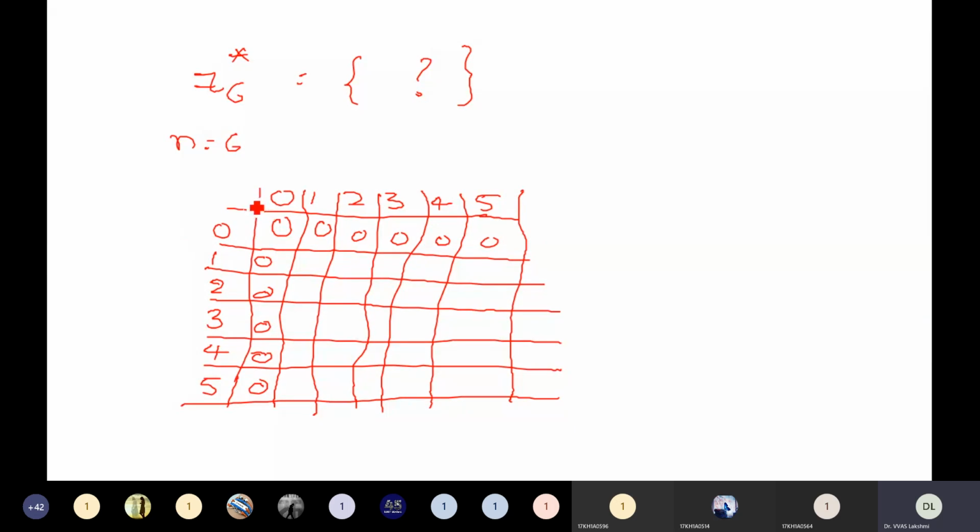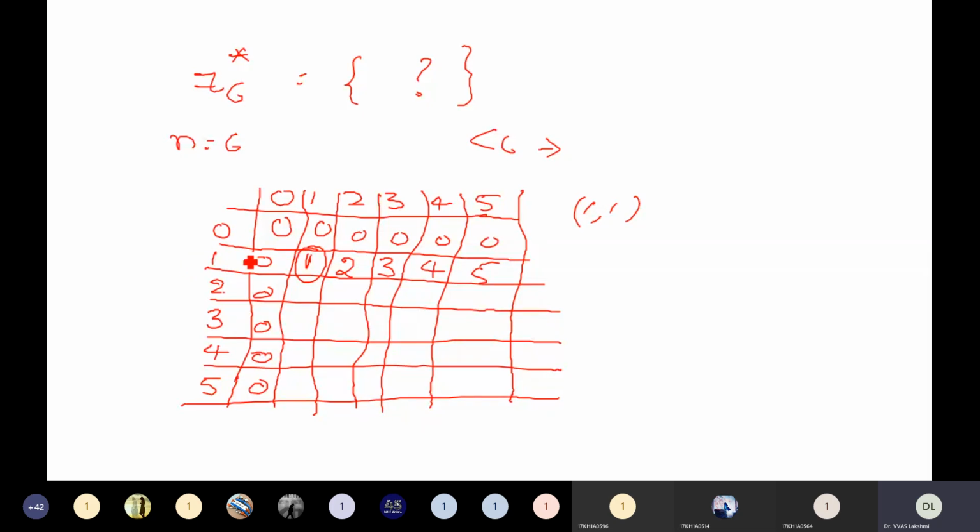After that, 1 into 1, this is less than 6, that's why the mod value is also the same value. 1 into 1 is 1, 1 into 2 is 2, 2 mod 6 is 2, and for 3, 4 and 5 the values are the same. So here we will get 1. So one set is 1 comma 1.